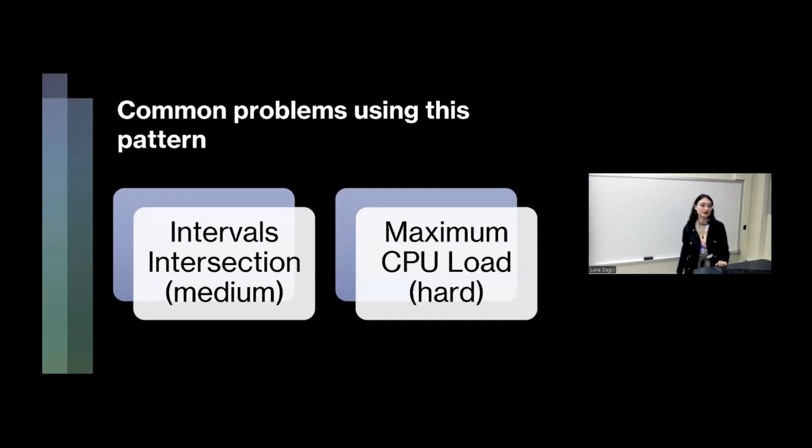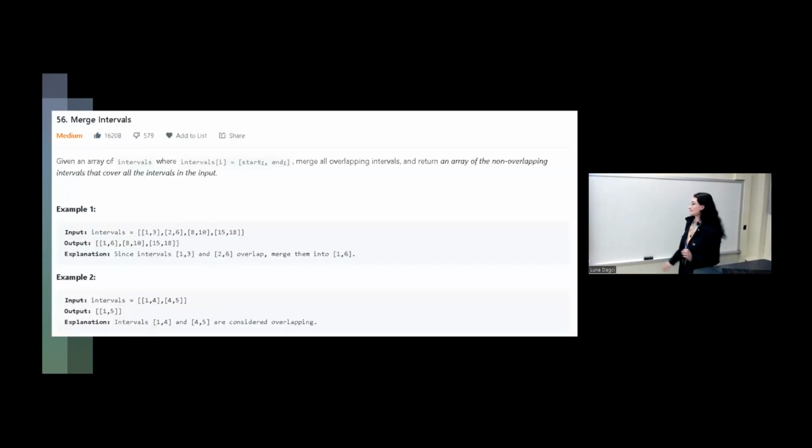Common problems using this pattern are interval intersection, which means it's overlapping, and maximum CPU load, which sounds scary. So I'm going to show a very typical question. It's very likely that you might be asked this question in a technical interview.